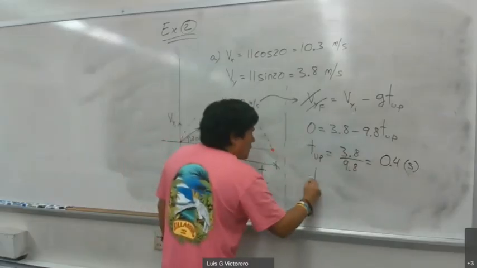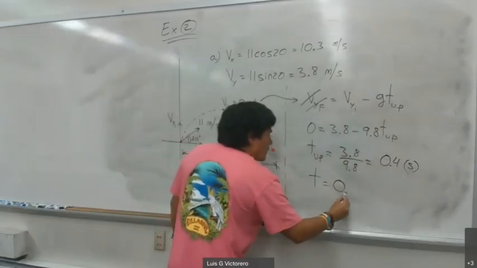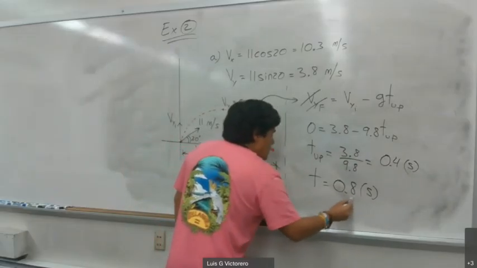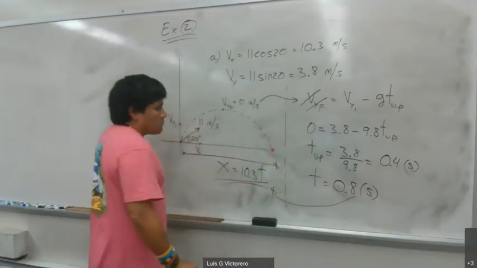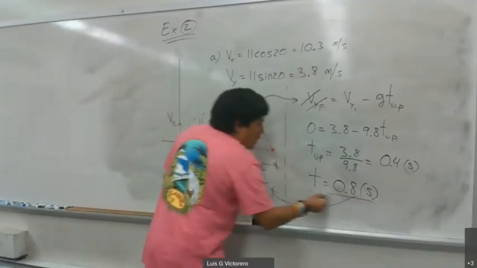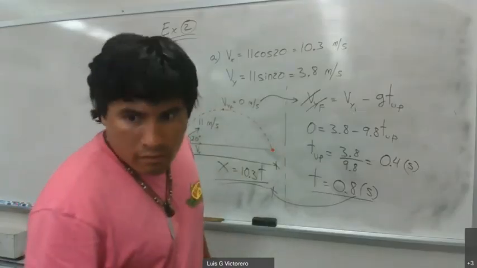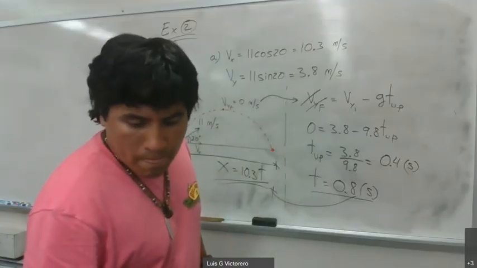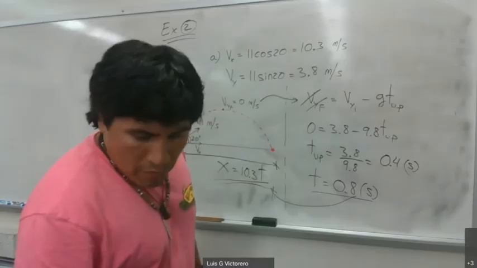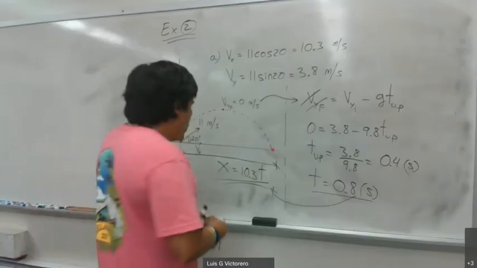So the total time is 0.8. If you multiply 0.8 times 10.3, you get 8.2.